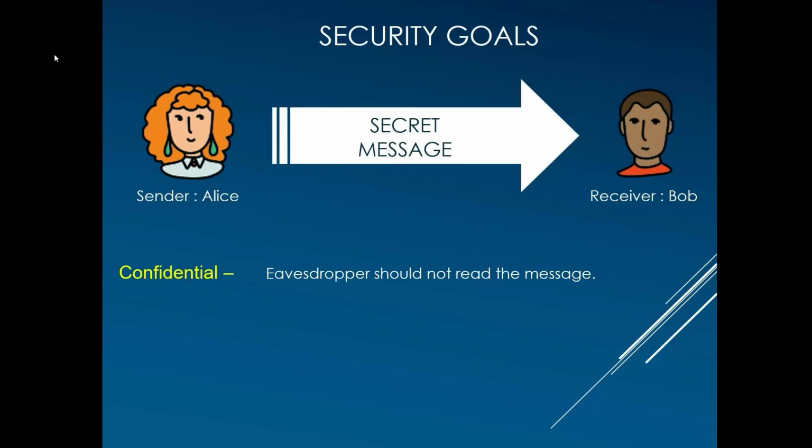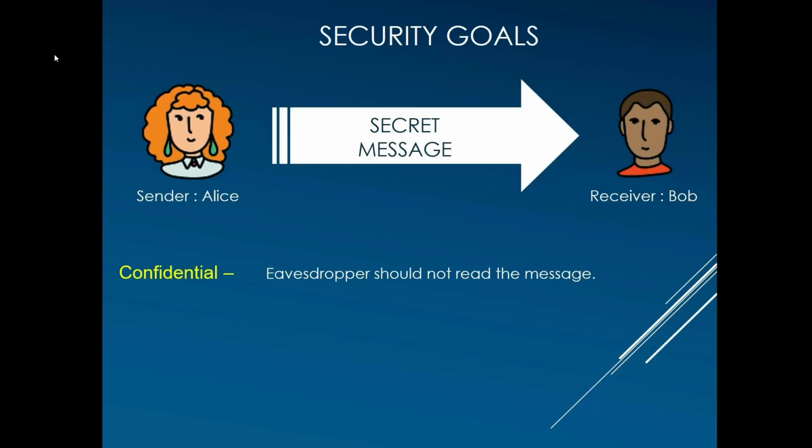The second goal of a good cryptographic algorithm is this: even though the data is transmitted in a ciphertext format which is unreadable by the attacker, he can still try to play around with your ciphertext. He will try to modify the ciphertext.